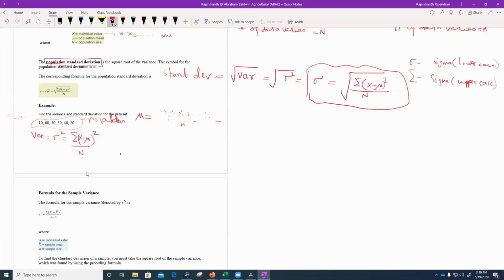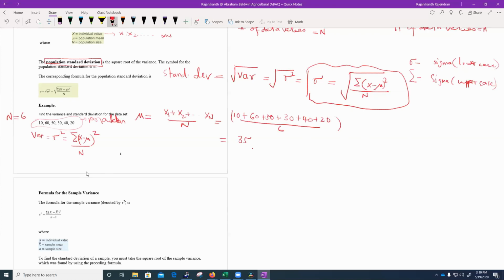So I'm using big N because this is the population. So I'm simply adding all the data values, 10 plus 60 plus 50 plus 30 plus 40 plus 20, then dividing by the number of data values, which is 6. Take your calculator and simplify, so it is 35. Therefore, the mean for this problem is 35.